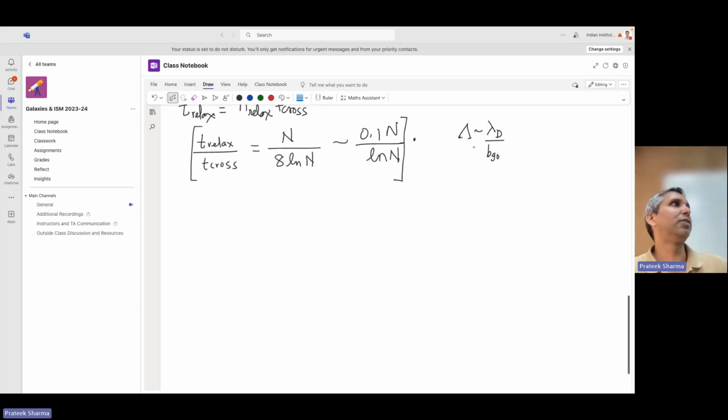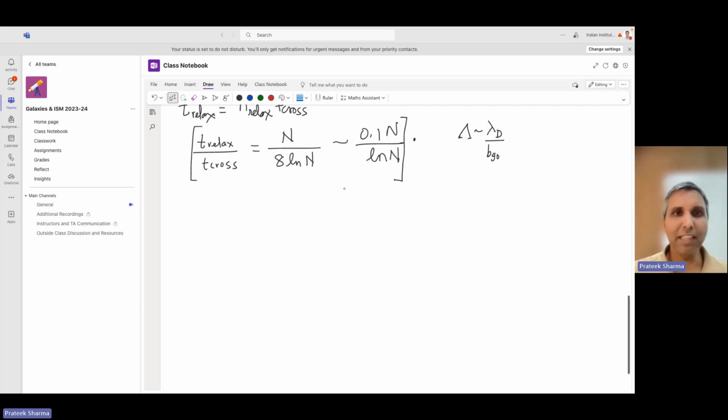That's why you don't have to put in R max as the size of the system, but lambda D. Whereas in a gravitating system, you don't have shielding. All masses affect your test particle, so your R max has to be the system size. Okay, but all this notation carries through to electrostatic interaction between charges.